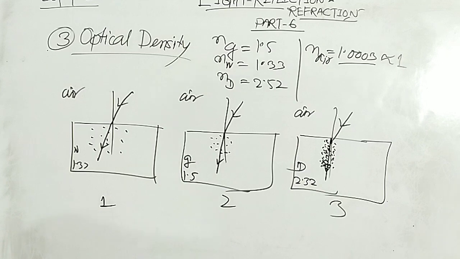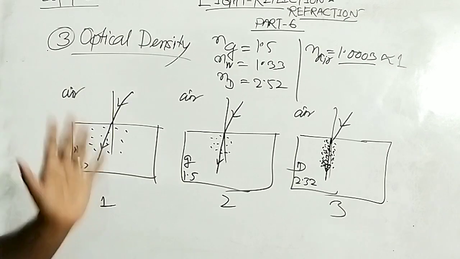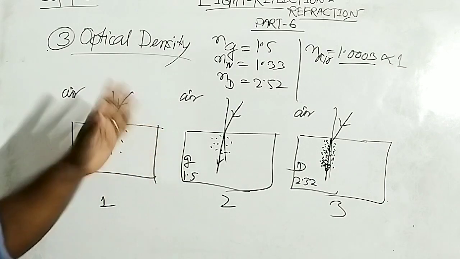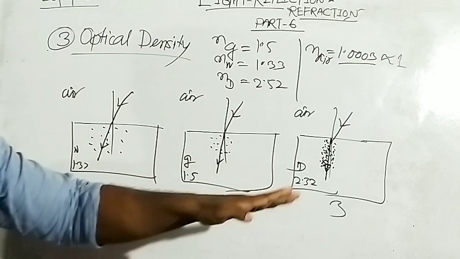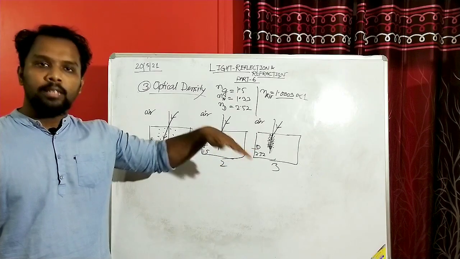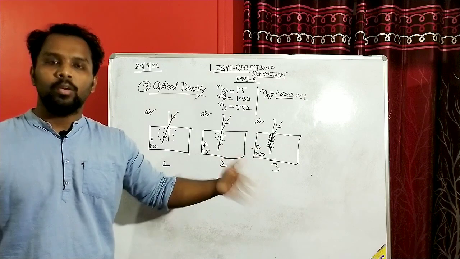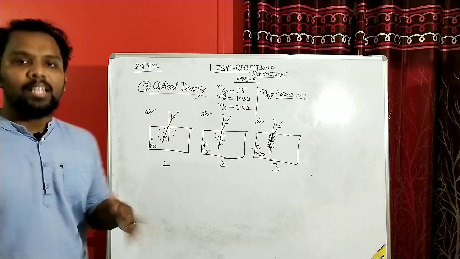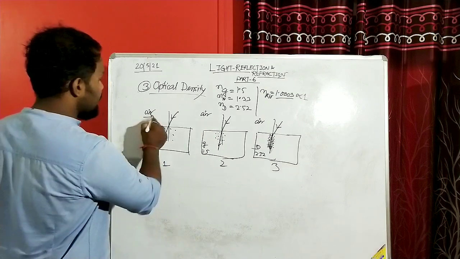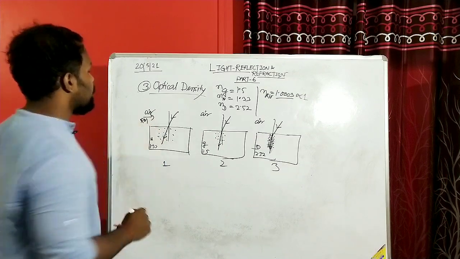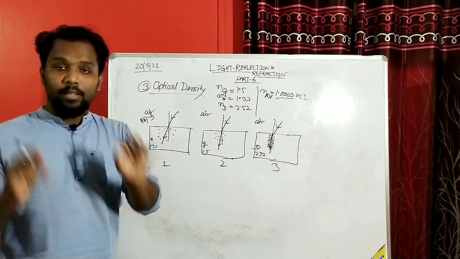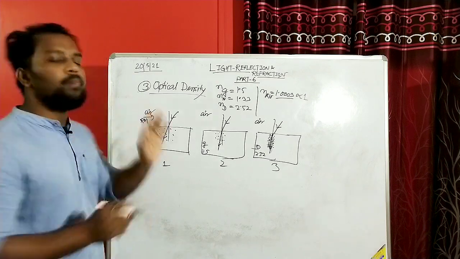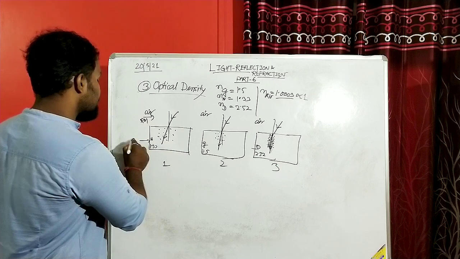What does optical density give us? It gives us the information of how much the refracted ray is capable of moving through the medium in which we are trying to get the refraction. That is the optical density. Air, which till now we have discussed as the rarer medium, is correctly called the optically rarer medium, and this one is the optically denser medium.